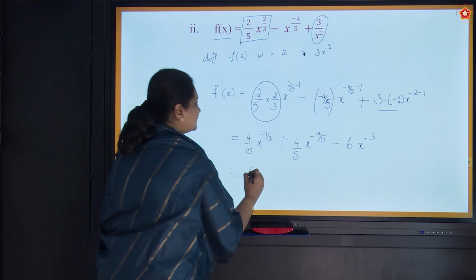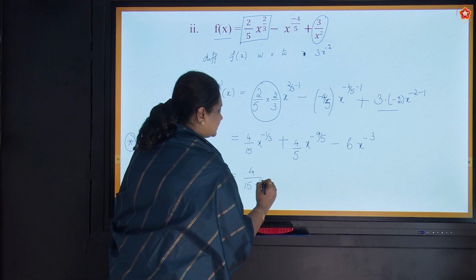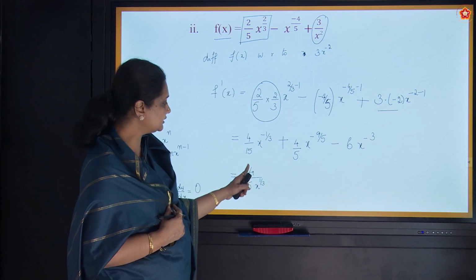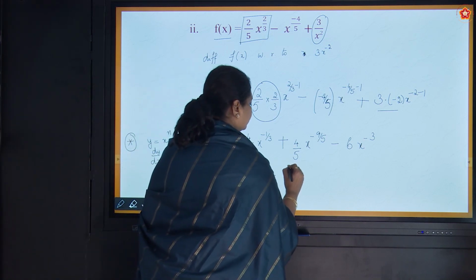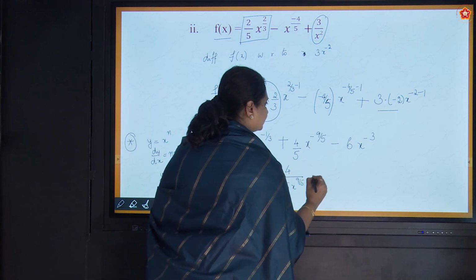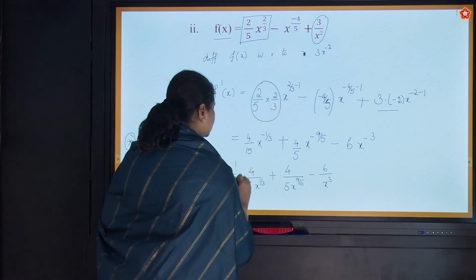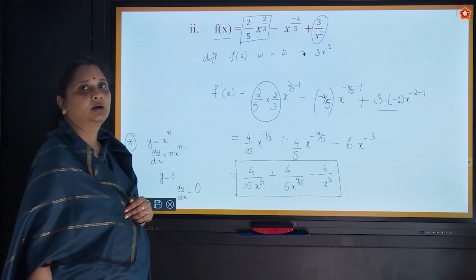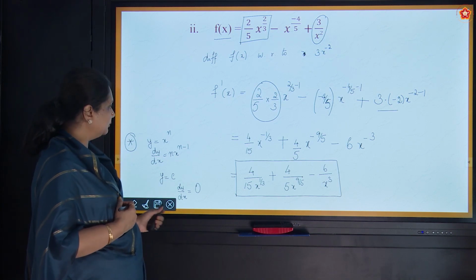So we can write this as 4 by 15, x power minus 1 by 3 can be written as x power 1 by 3 in the denominator, making the power positive. So it's 4 by 15 x power 1 by 3 plus 4 by 5 x power 9 by 5 minus 6 by x cube. It's always good to express answers with positive powers. Hope you understand. We'll move on.